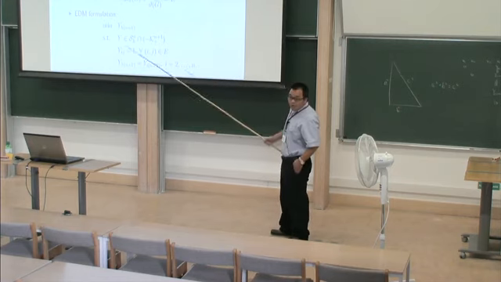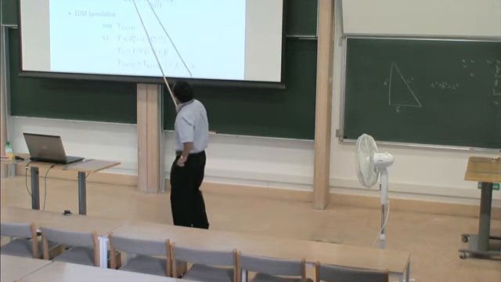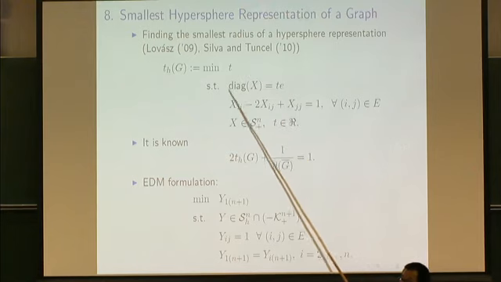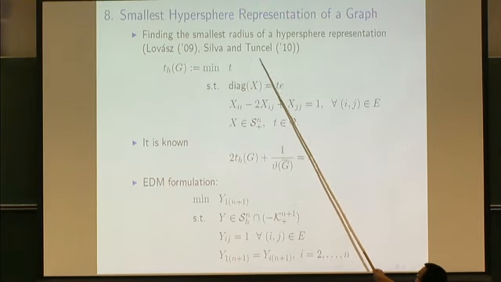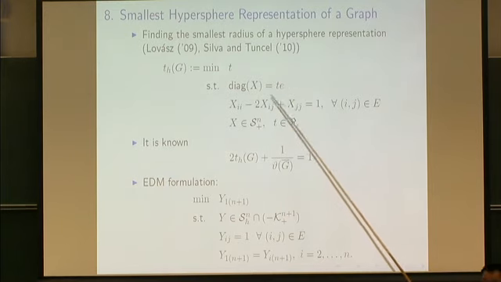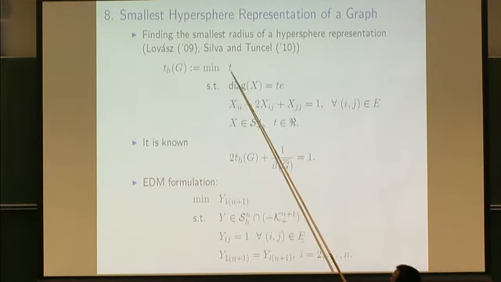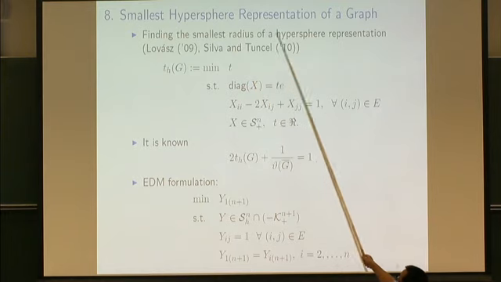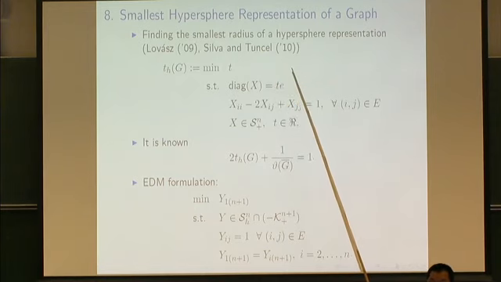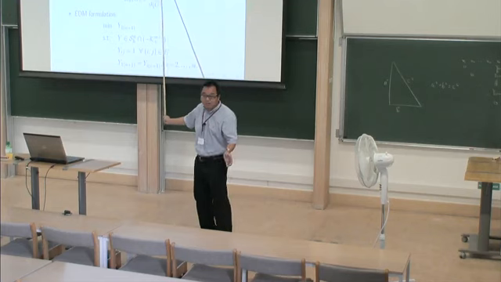And this is another one. Actually, I took this formulation from this paper, by Silva and Lovász, saying that calculating the smallest sphere representation, finding the sphere with the smallest radius, can be formulated as semi-definite programming.